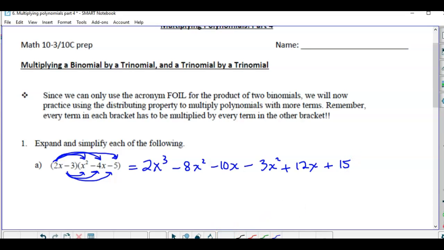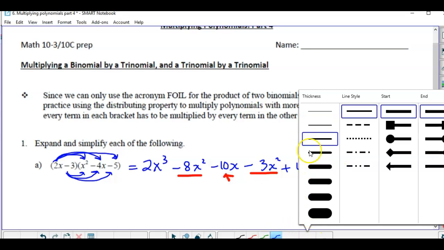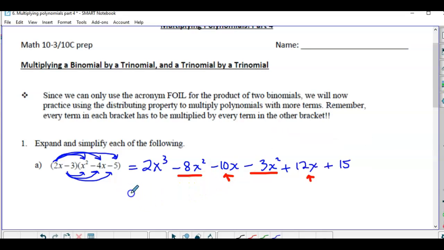Okay, so there's 6 terms. Like terms: no x, so just one term with x cubed, there's 2 terms with x squared, and 2 terms with x, and then a constant term. So collecting like terms will be 2x cubed.